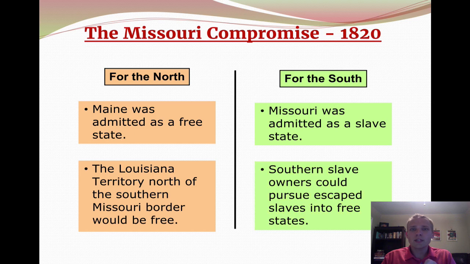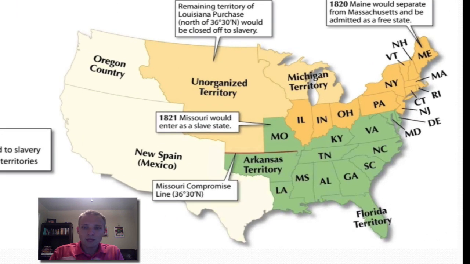And what they said was any land north of Missouri's southern border from here on out would have to be free when states are organized. And I'll show you a map of that in a minute. And the other little piece: southern slave owners could go up into northern free states and get their slaves that had run away.